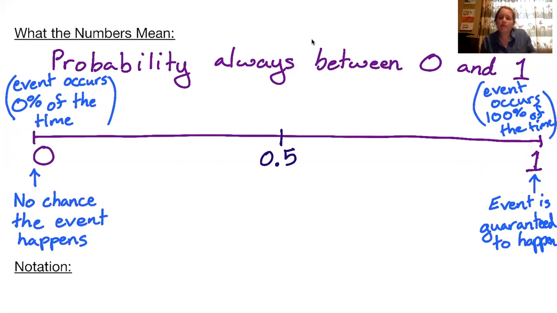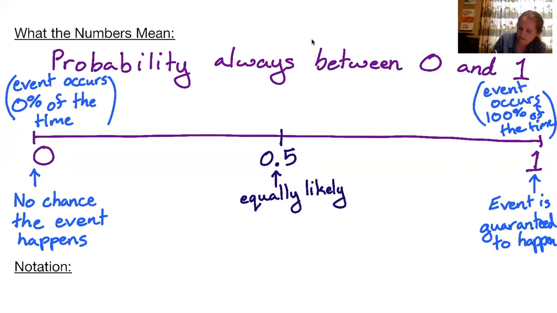The event is equally likely to happen as it is to not happen. Again, in terms of percent, this is that the event will occur 50% of the time.